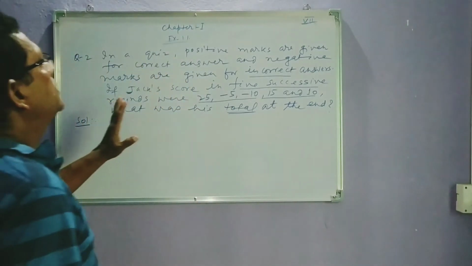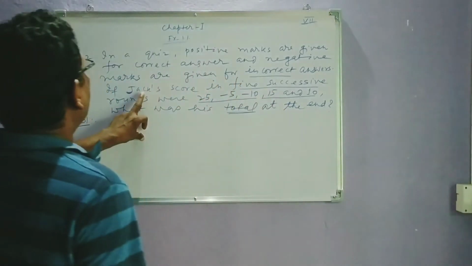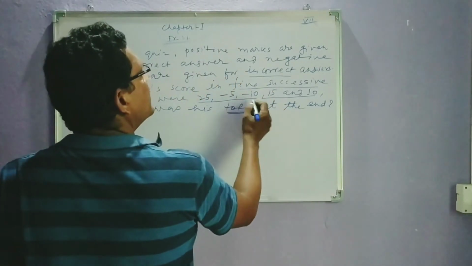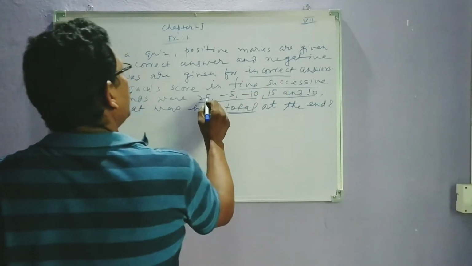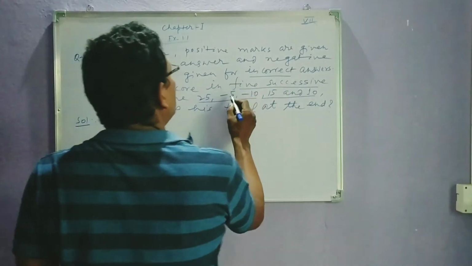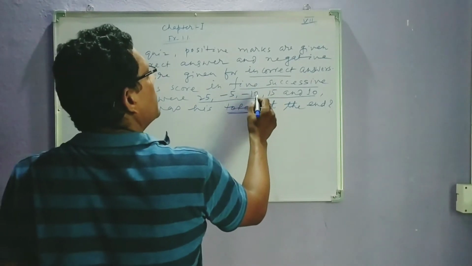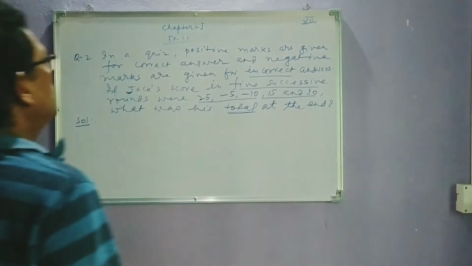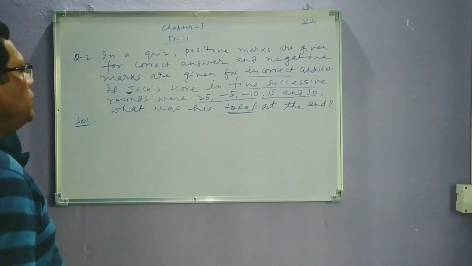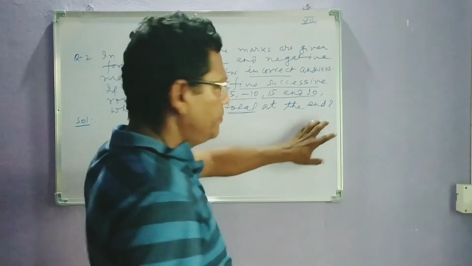So these are the marks given to Jack. In 5 successive rounds, first round he got 25, in the second round he got minus 5, in the third round he got minus 10, then in the fourth and fifth rounds he got 15 and 10. I have to find out what his total was at the end.